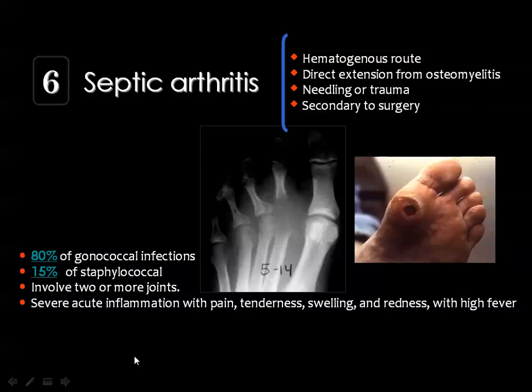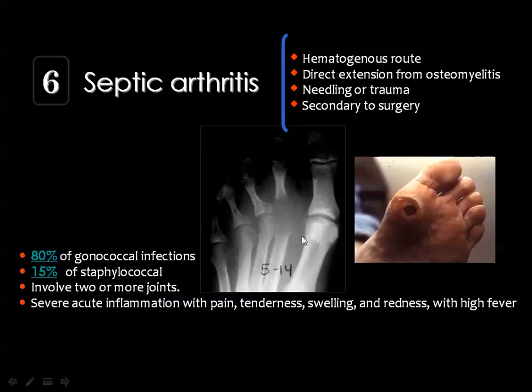It can involve one joint or more than one joint. And of course, the best example nowadays for septic arthritis is the diabetic foot, where you got infection of the foot with infection of the soft tissues as well as the bone, resulting in osteomyelitis and septic arthritis of one or more of the joints.